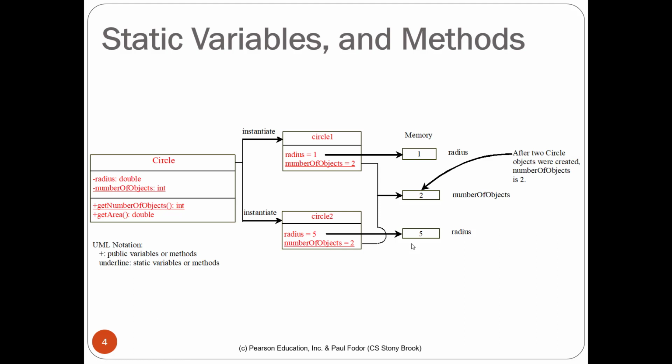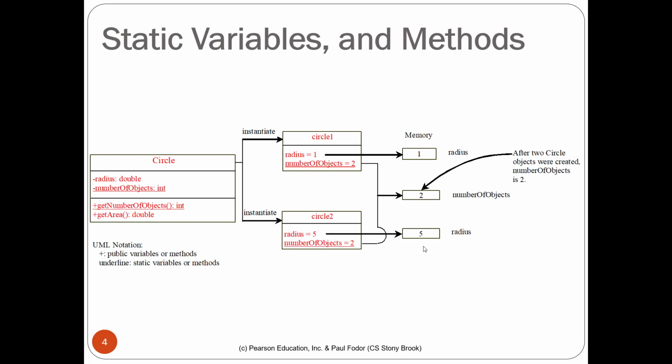The point is that instance variables get separate memory locations. The memory location storing the radius of circle1 is different from the one storing the radius of circle2, and they have their specific values. For circle1 the radius is 1, for circle2 the radius is 5. But for static data members it is different. Static data members have the same memory location, which is shared across the different objects of the class.